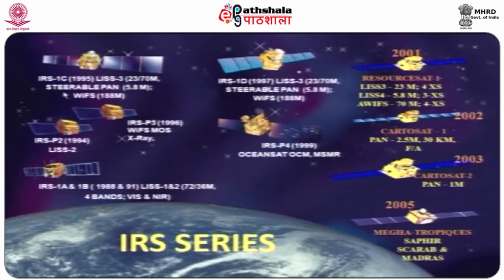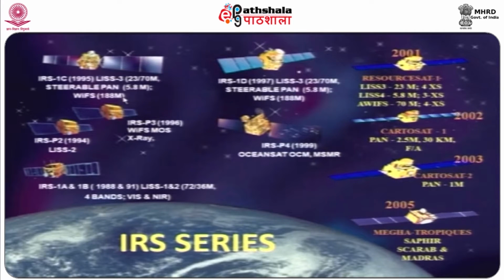Then we have a very important one, namely the panchromatic, which had 5.8 meter resolution. So, in the same satellite we had 23 meters, 5.8 meters. You see here there is another sensor called WiFS or Wide Field Sensor, which had a resolution of 188 meters.